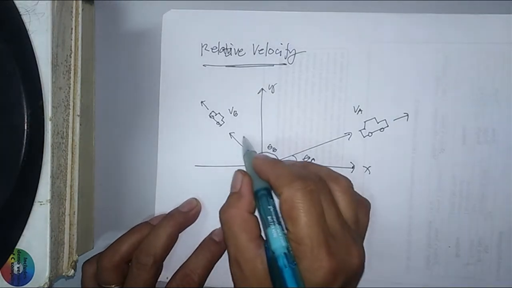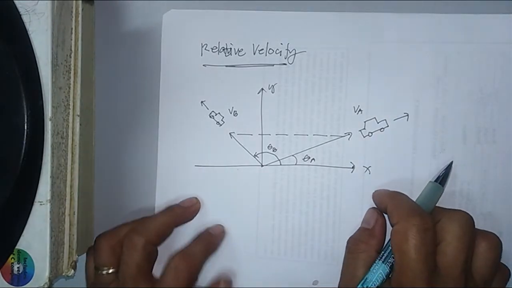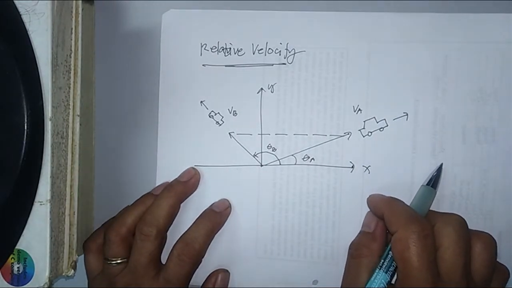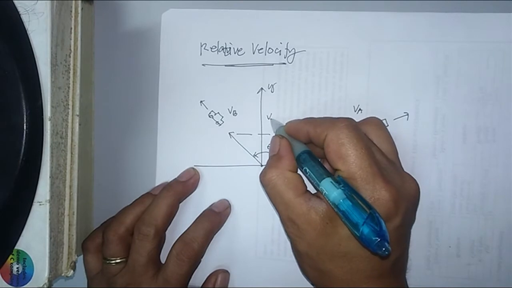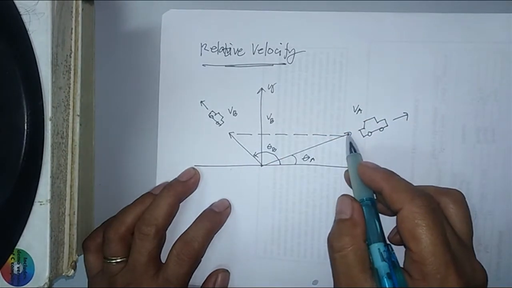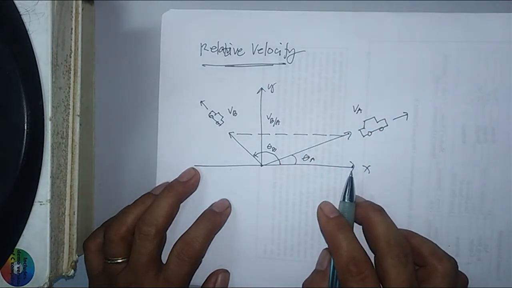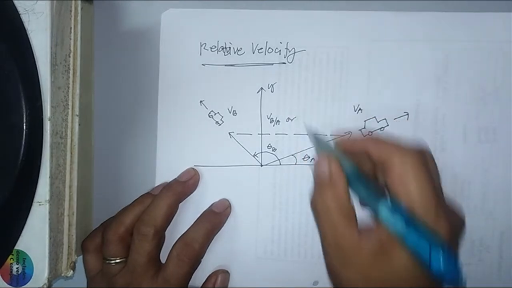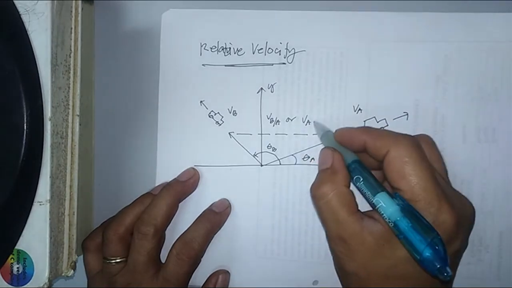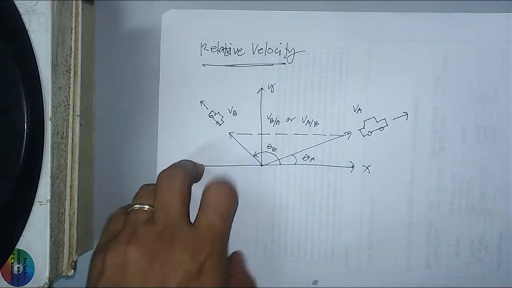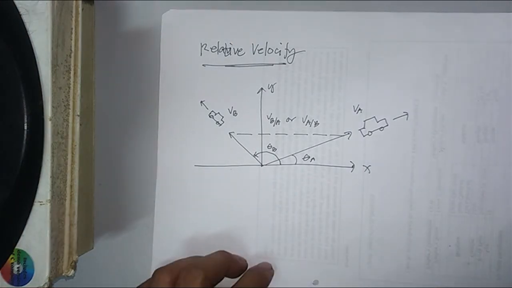Now, the relative velocity of the cars can be solved using their difference. The relative velocity of b from a, the velocity of b over a, or the relative velocity of a from b, is simply the difference between the velocities in complex form.